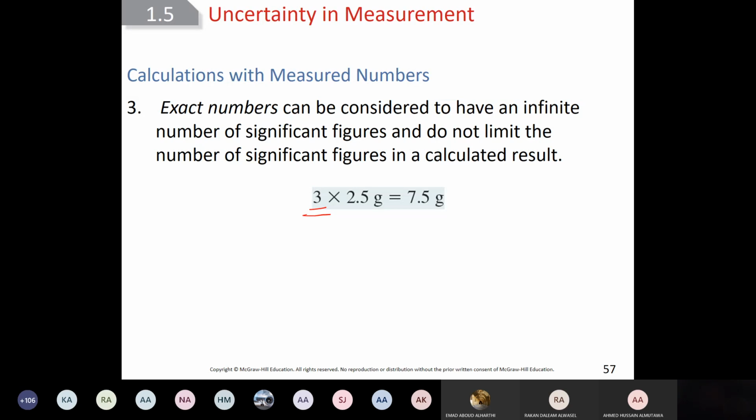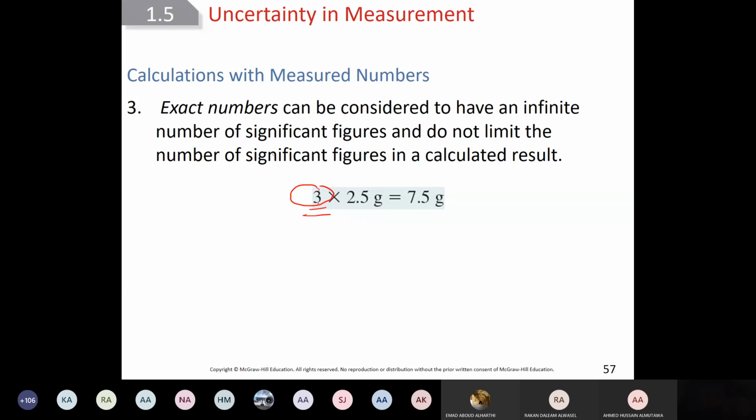If I say how many students we have in the class, we will say there are 130 students. Can anybody say 130.1 or 0.15? No, it is 130 students. When you have exact number, then you don't count it when you do any multiplication or division.